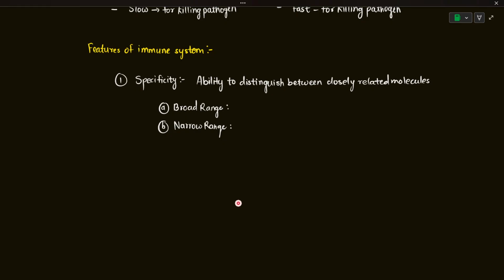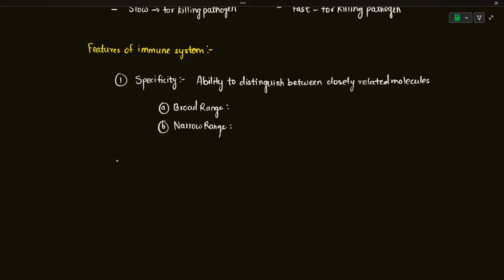When we discuss antibody-antigen interactions, I'll tell you about narrow range specificity again. So depending upon the spectrum of the molecules that our immune system is able to identify or distinguish, specificity is categorized into two types: the broad range specificity and the narrow range specificity. I hope this part is clear to you all.